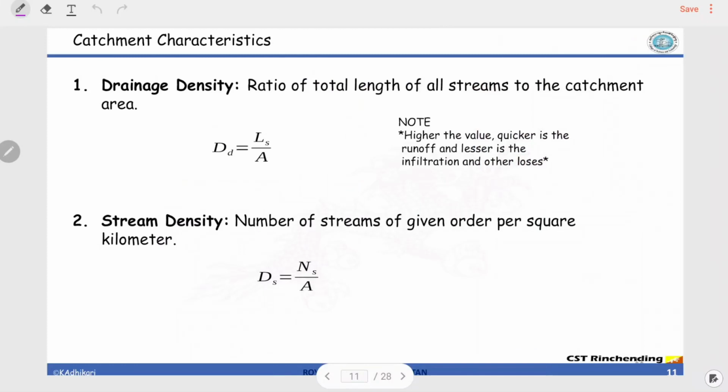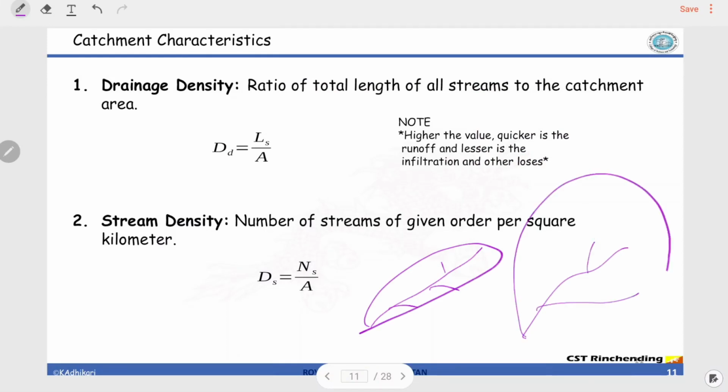With this, let us quickly discuss some catchment characteristics. There are a few catchment characteristic terminologies. I'll simply run over them because it's very straightforward. As we have seen, some catchments are really elongated, and some catchments are fat, fan shaped.